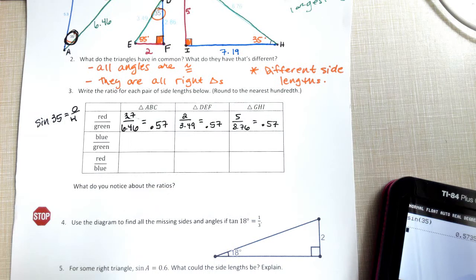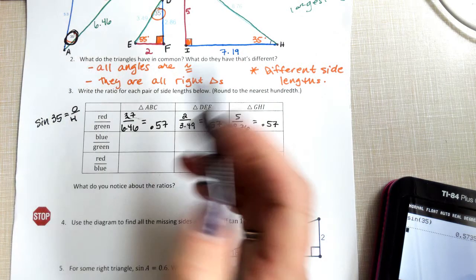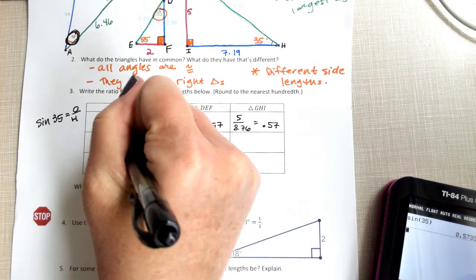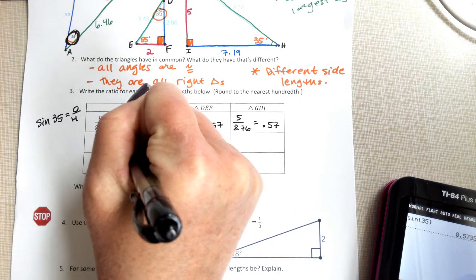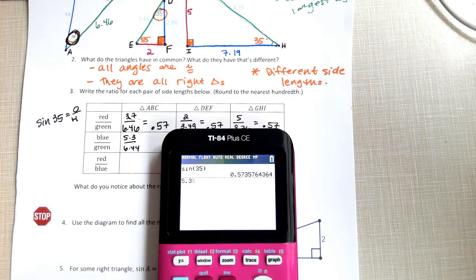Okay, so blue over green for the first triangle is 5.3 over 6.46. 5.3 divided by 6.46 is 0.82.